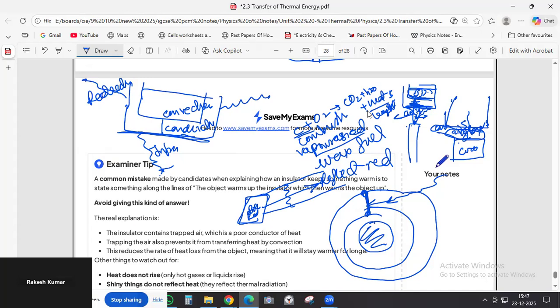White will reflect all, because white is a mixture of all the colors, the Vibgyor colors, and all of them get reflected. I told you, if it's a red post box, it will reflect red and absorb the remaining. If it's white, it will reflect all, and black will absorb all. So that's why it gets more heated.